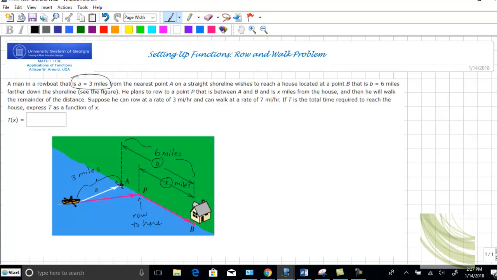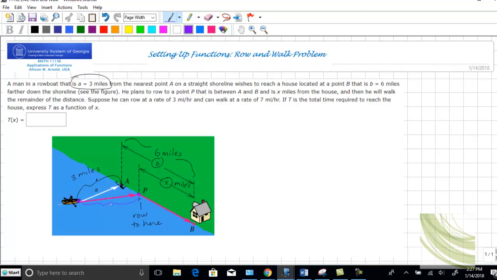Okay, so this is perpendicular to the shoreline. We know that this distance A is 3 miles. So that would lend itself to our being able to conclude that the hypotenuse, which is the distance from the bow of the boat to the point P, would be determined by the Pythagorean theorem.